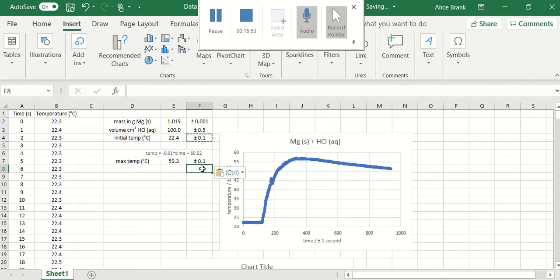Okay, fair? So how am I going to find my change in temperature? Okay, so watch this. Equals, select that cell, minus that cell.